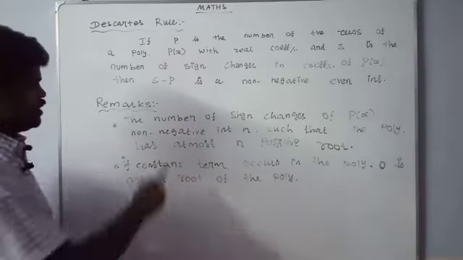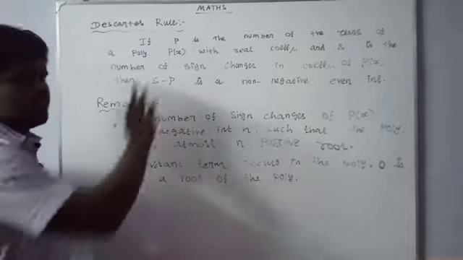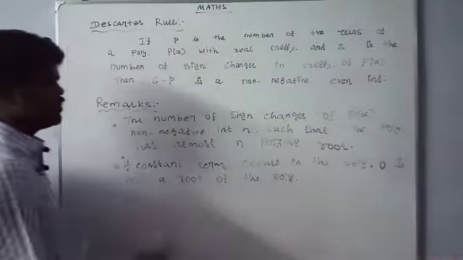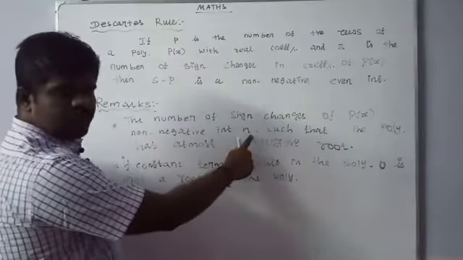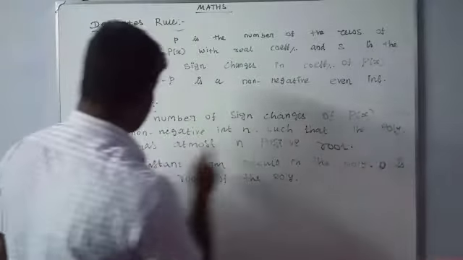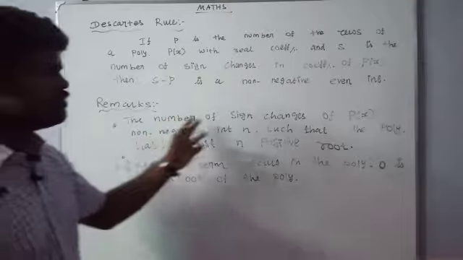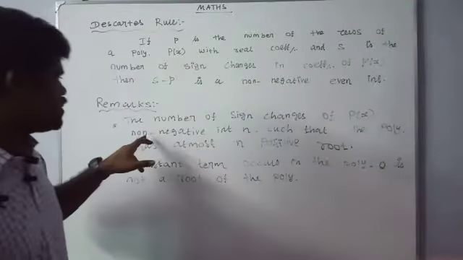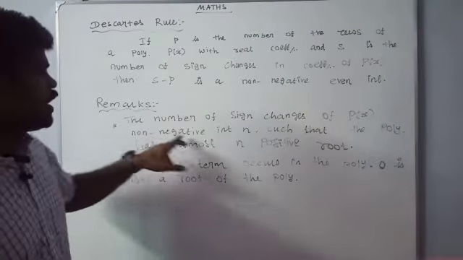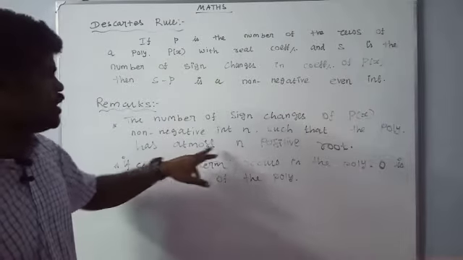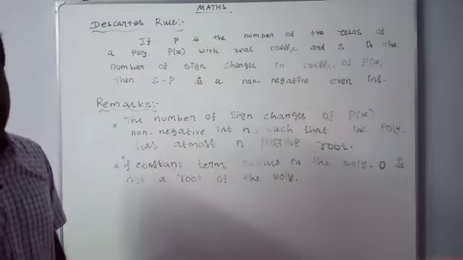Remarks. We know the remarks and definition also. The number of sign changes of p of x is a non-negative integer n, such that the polynomial has at most n positive roots.